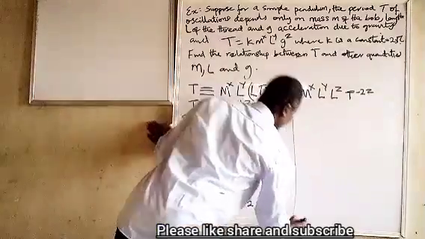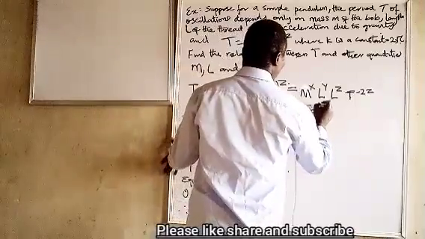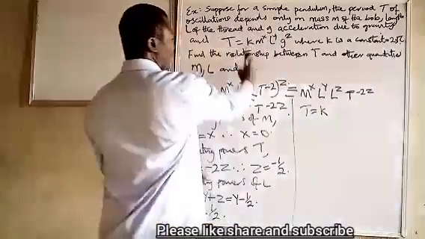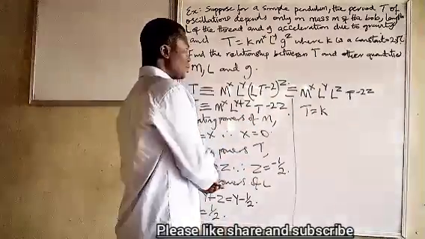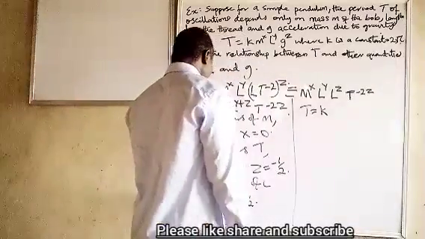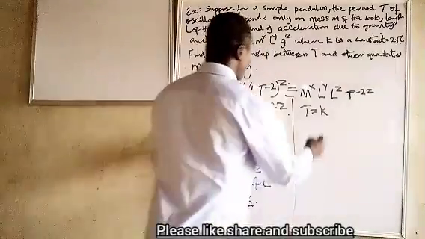You can now relate it to T equals K, referring back to this equation. We know that the power of M is equal to 0, so that one is out. What is y? y is half.